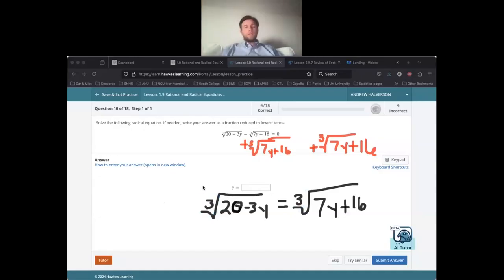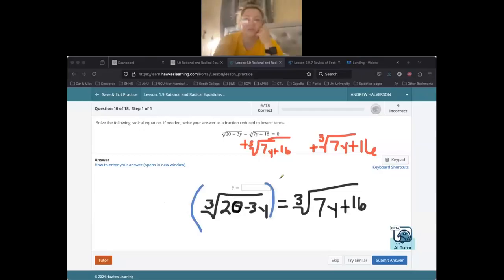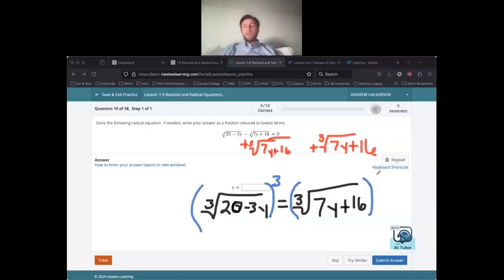Whatever the root is, that's what the exponent has to be. To undo a square root, that's why we square both sides. To undo a cube root, you raise both sides to the third power. That may make you a little nervous, like how in the world am I going to do a cube root? But the nervousness goes away real quick, because this exponent cancels with the root.